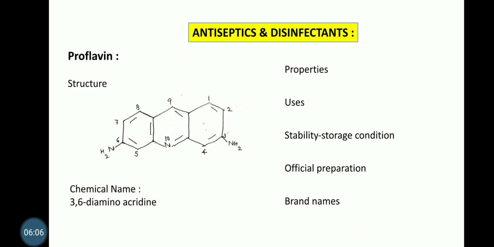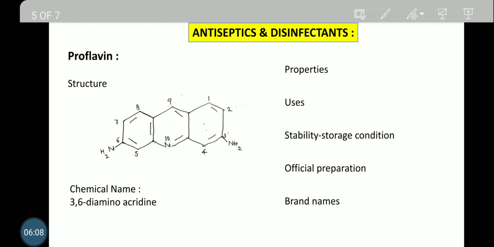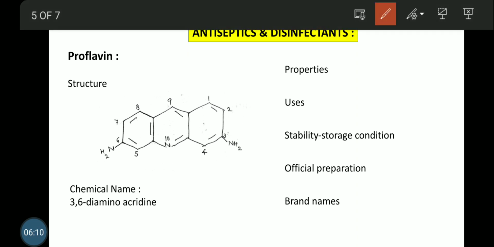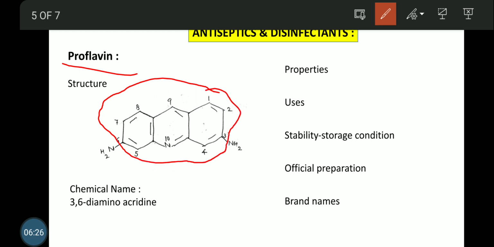Then the most important drug, which is asked repeatedly in your annual examination, is Proflavin. Now let us see the structure of Proflavin. If you see the structure properly, you will see that acridine is a basic heterocyclic ring present.